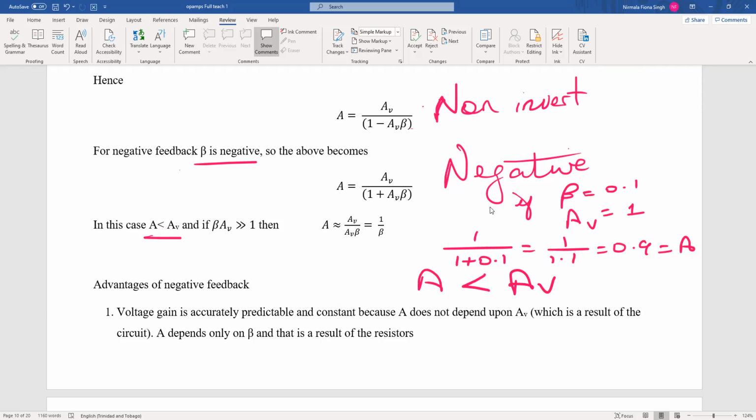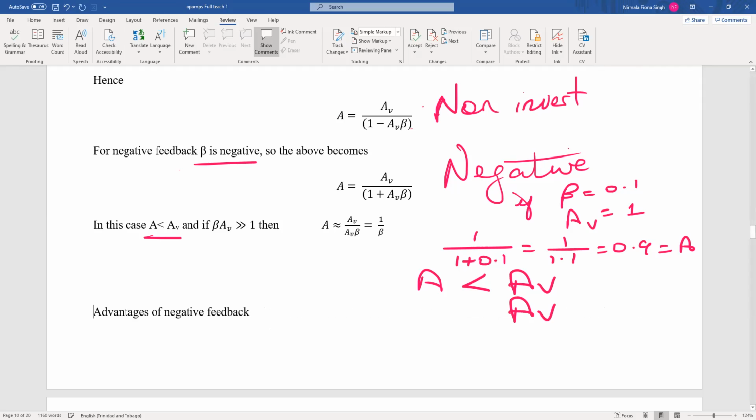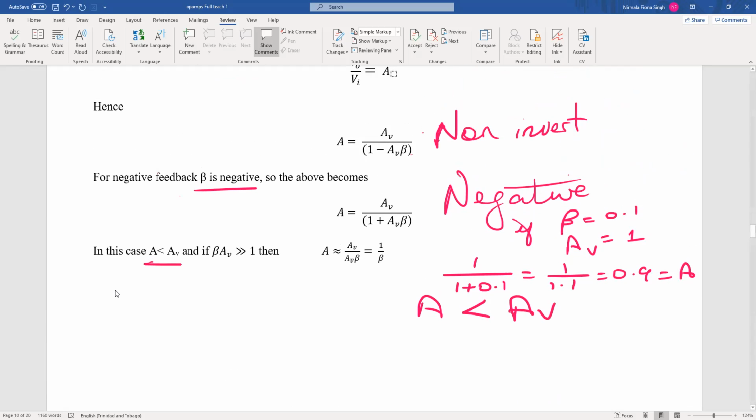And the next one here, if beta by AV is much greater than 1, right, then your gain is going to be 1 over beta. Let's see how we can work that out rather than taking it at face value. So they said if beta by AV is much greater than 1. Now, why would this be much greater than 1?